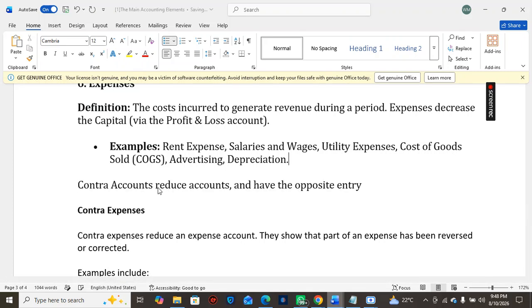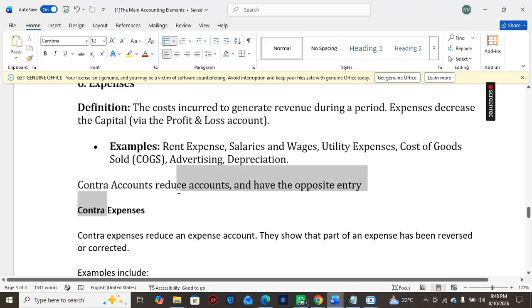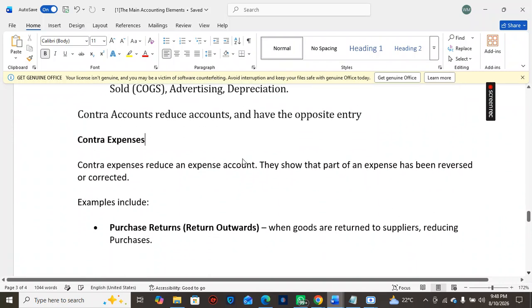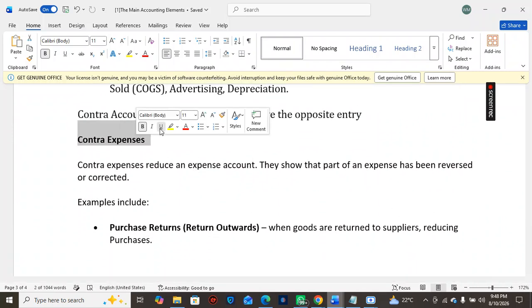Now, the contra accounts, which you need to be aware of. You've got contra expense accounts. These are accounts that reduce the expense.